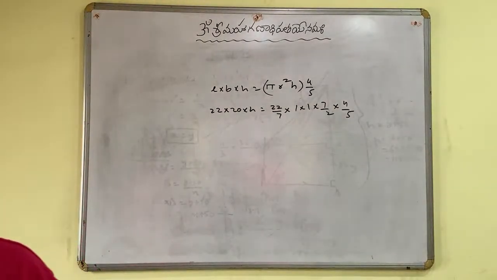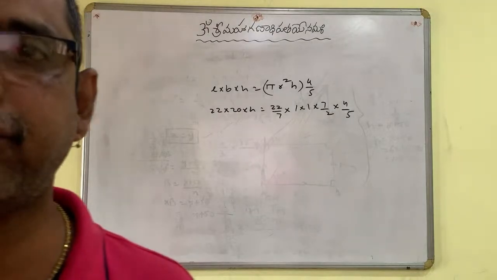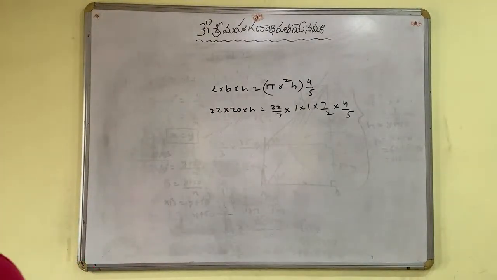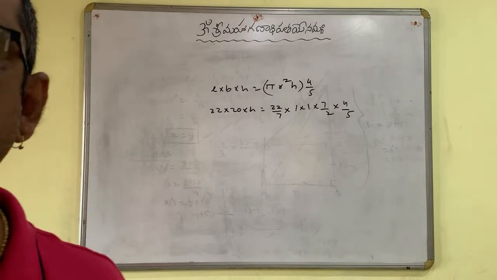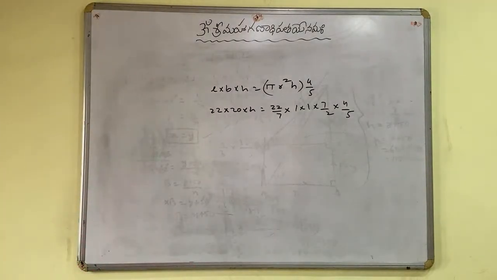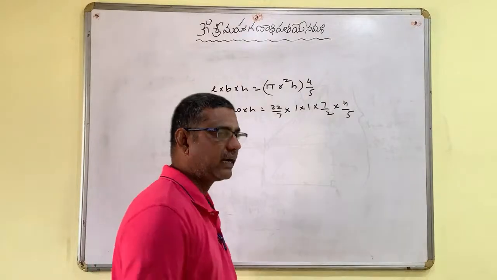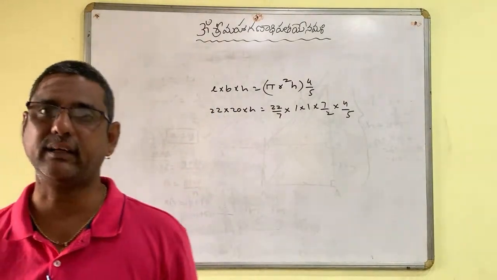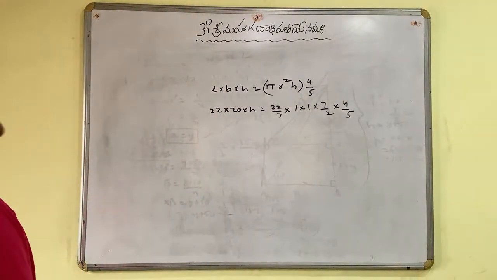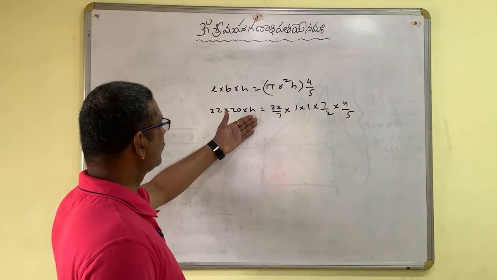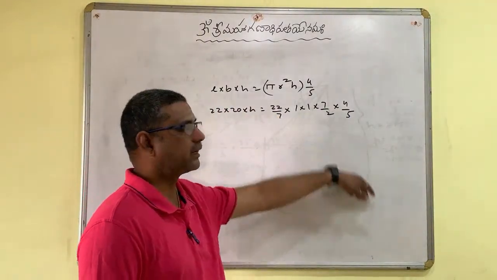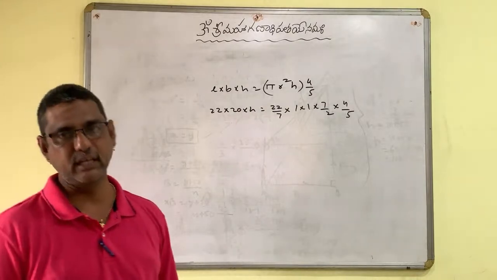Whatever the water that is collected on the roof, it was poured into a cylindrical tank, but it is not completely filled. Only 4/5 of the tank was filled with that water. So volume of the water that is collected on the roof is equal to 4/5 of the volume of the cylinder.